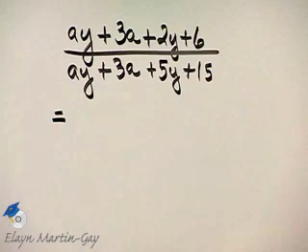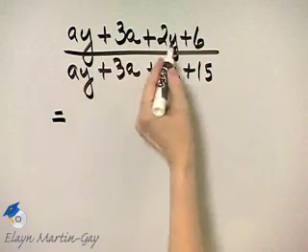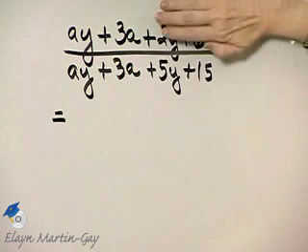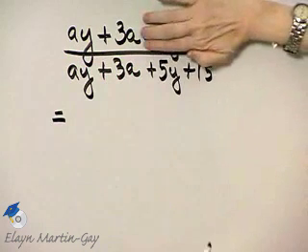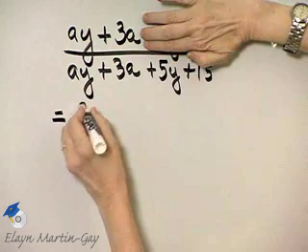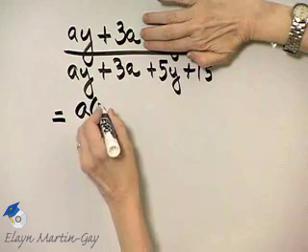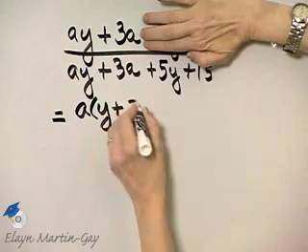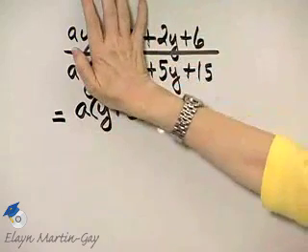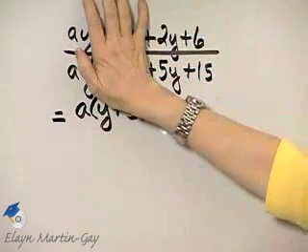Let's concentrate on the numerator. I have a 4 term polynomial. No greatest common factor other than 1 or -1. So let's try factoring by grouping. The first two terms, I can factor out a common factor of a, and when I do so, I have left y plus 3, plus, concentrate on the second two terms.